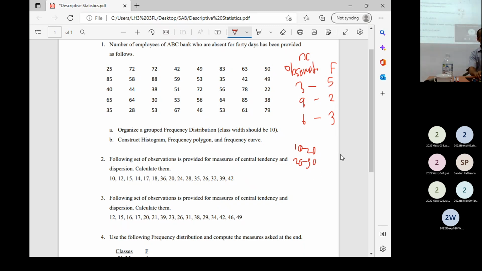Right, now we write down. If we arrange a frequency distribution with class range, that is called group frequency distribution.